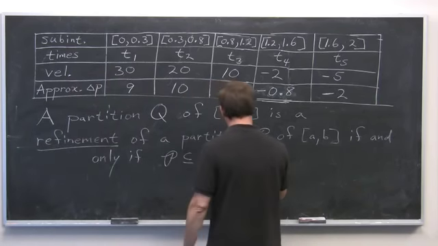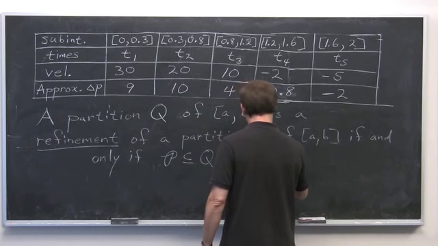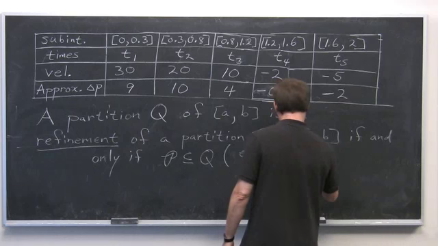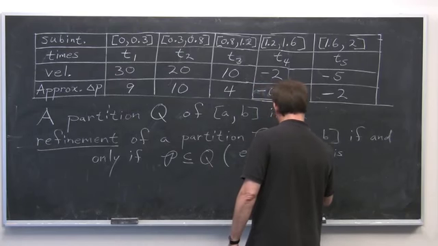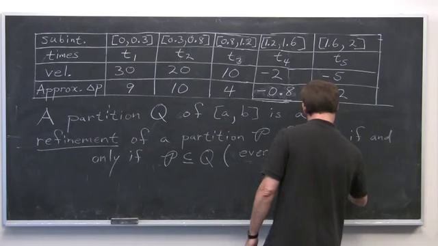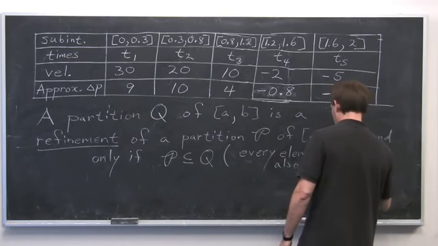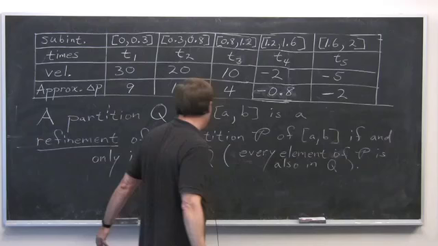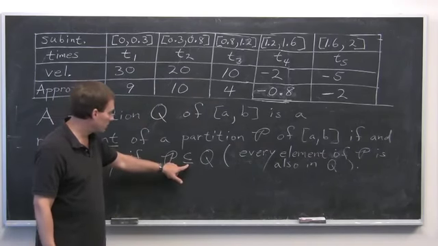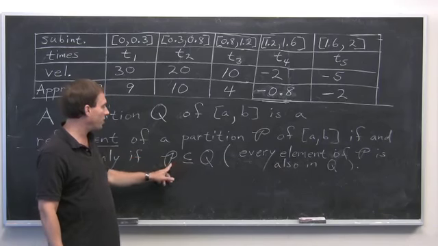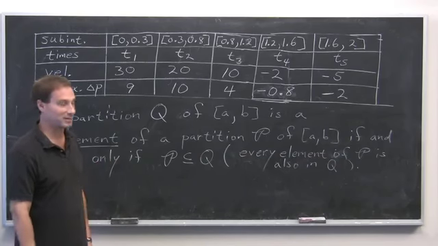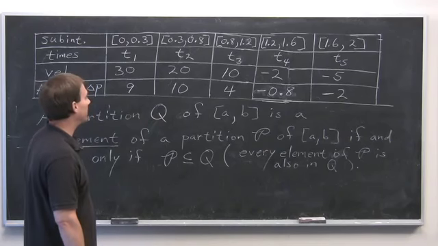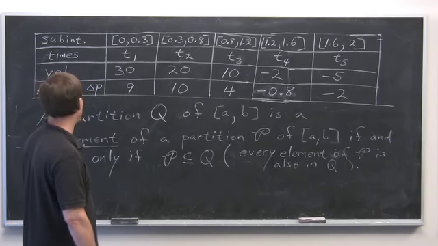So every element of P is also in Q. That just means you created Q by throwing in some more stuff. This horizontal line here allows for P to be Q, so it means that we would call P a refinement of itself. That's not the interesting case. So that's a refinement of a partition.